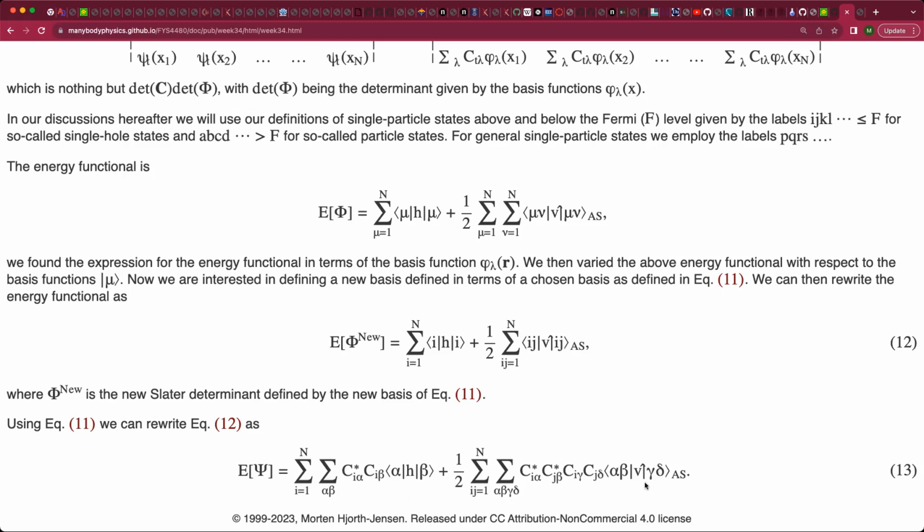And then you also need to evaluate these integrals, which can be time consuming. By just varying the coefficients, as you will see, you will get a set of coupled equations which can be solved as eigenvalue problems. And that is much more efficient. So two ways of solving these equations, or two standard ways.